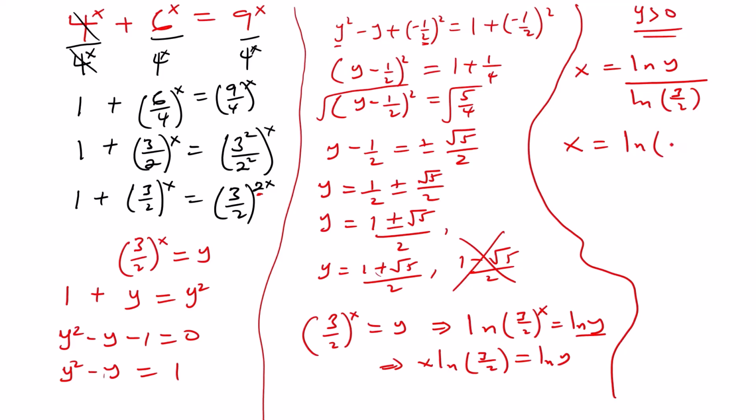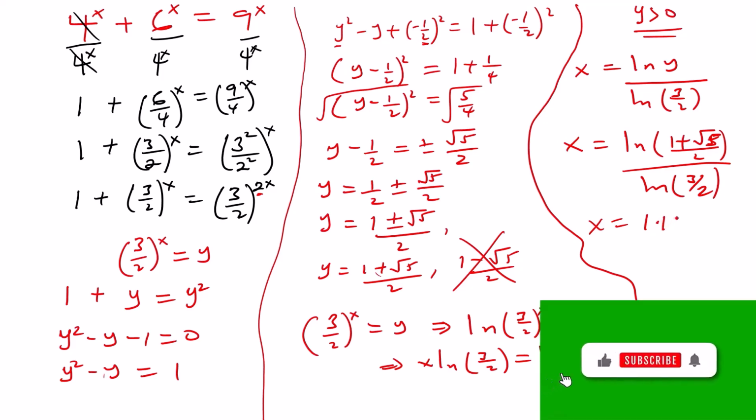Natural log of 1 plus root 5 over 2, on natural log of 3 on 2. So that's the answer. This one is approximately 1.187.